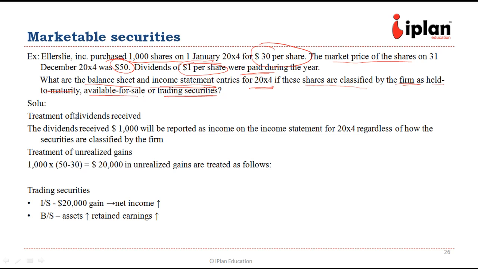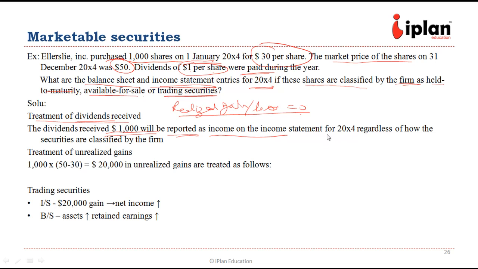So let us find out. As the company is still holding these shares, there is no realized gain or loss, that is 0. Let us look at the treatment of dividends received. Dividend was $1 per share for 1000 shares, so $1000 was reported as income.